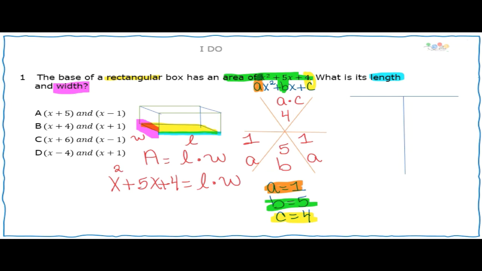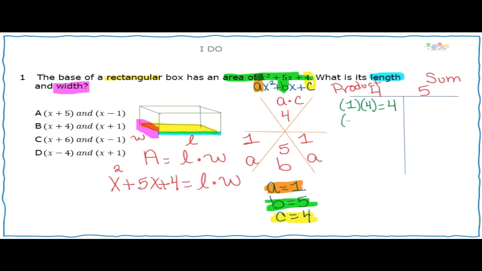Once I do that, I'm going to move to my table, because now I know that I need to find the product of 4 and I also need to find the sum of 5. So let's write down over here, this is my sum and this is the product. Let's start with the very first factors for 4. Since I need a positive number, I know that I multiply 1 times 4 and it gives me a 4.